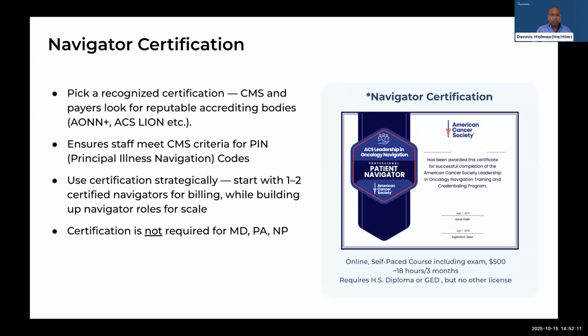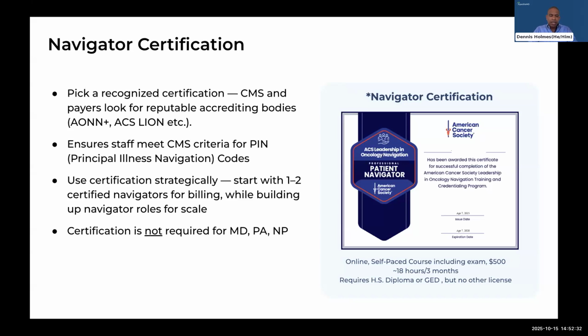Practically speaking, if you're starting off with this navigation process, we would suggest you choose 1 or 2 people to lead the process as you build up your navigator program. And then as your services expand, you can add additional staff so that ultimately perhaps your entire staff will have qualifications as a navigator.